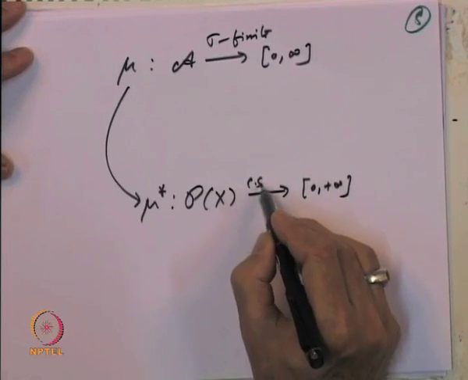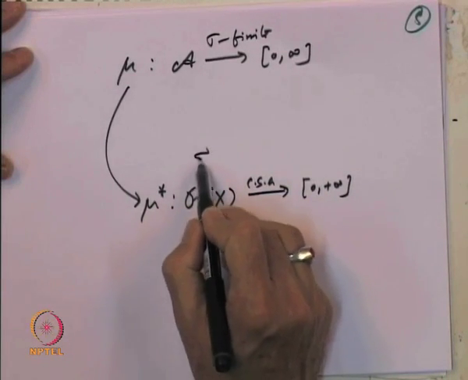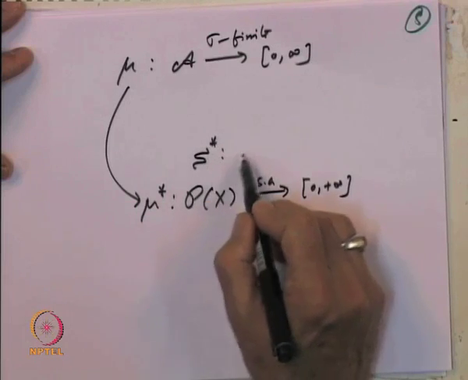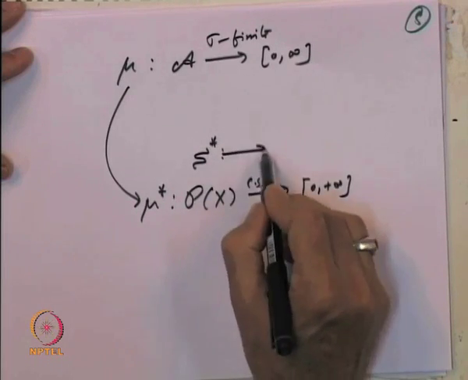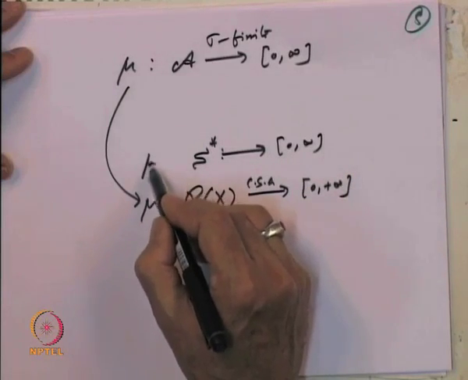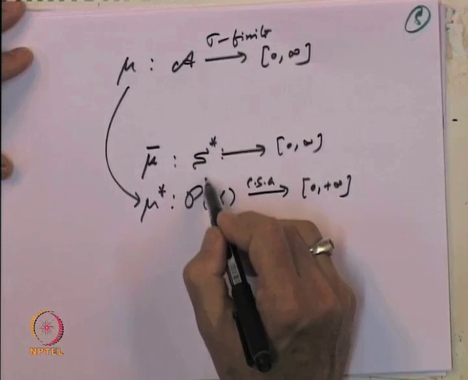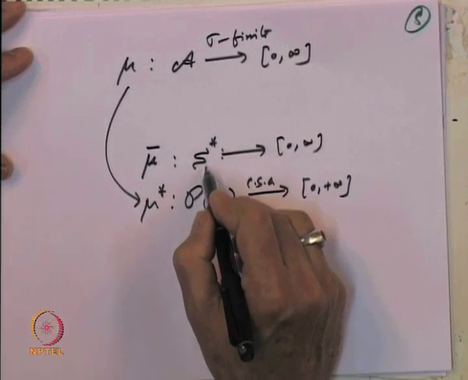It is countably subadditive, and we picked up the class of measurable sets S star. So, if we restrict mu to this, let us call it mu bar, the restriction of mu star to the smaller class S star.